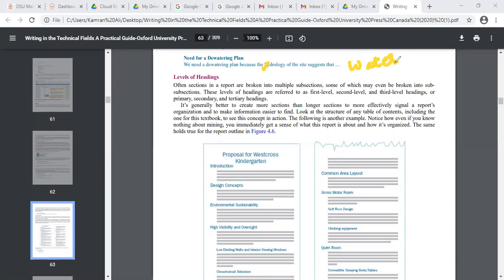Your topic is water. Let's suppose you're writing a report about it. If you want to write about water in general, that is fine, that can be taken as one chunk. You can cover the general things about water in a document.